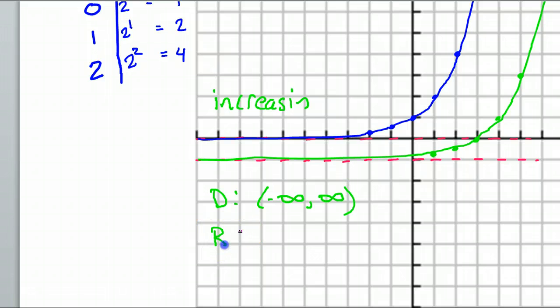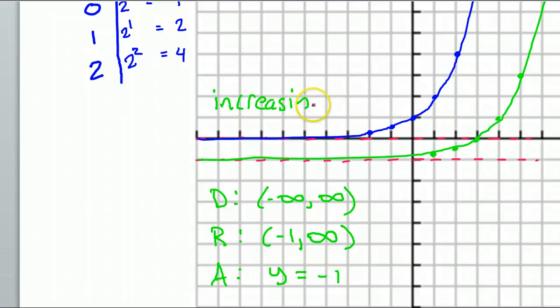The range is going to go from the asymptote up. So the range will be -1 to infinity. And the asymptote is, of course, y equals -1. Please do not forget the y equals. You will lose half credit if you don't put y equals.